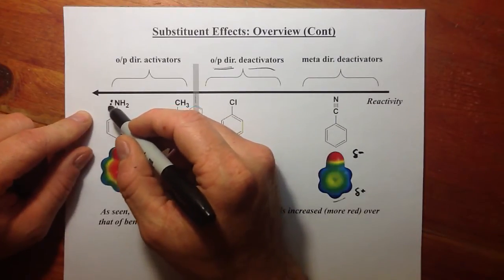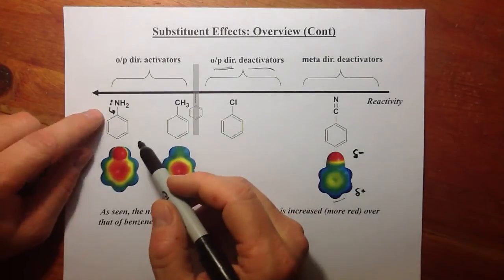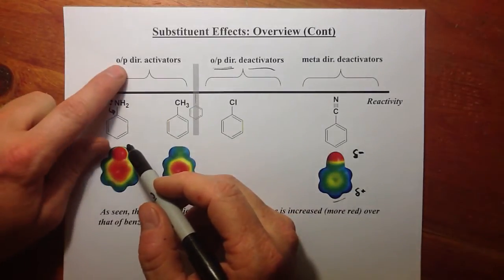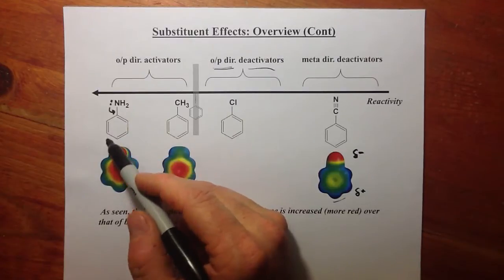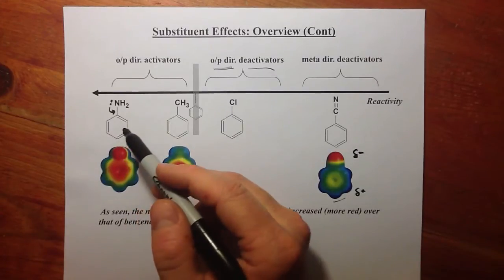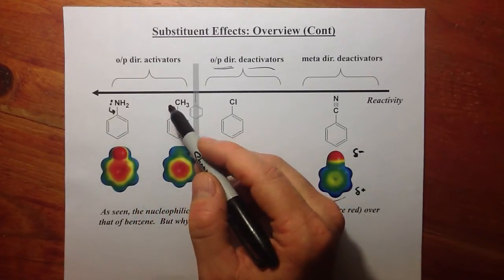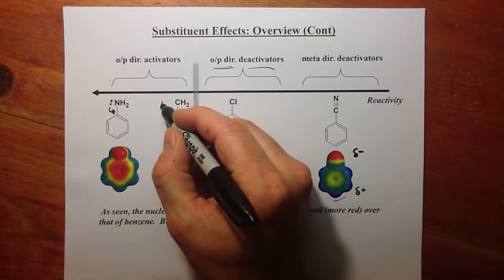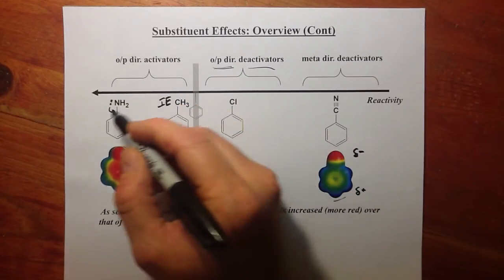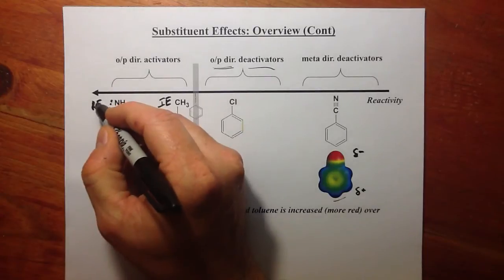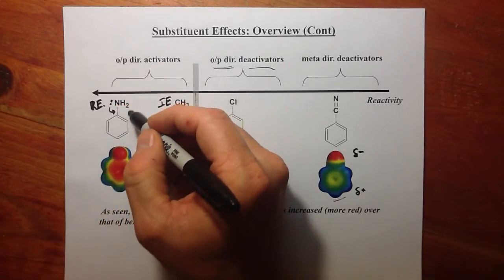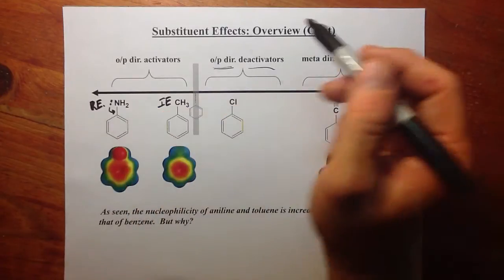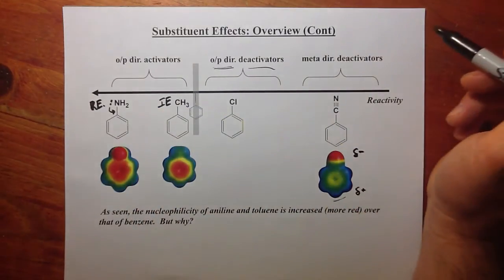We're going to see in just a little bit that the reason why this is such a strong activator is because it can give by resonance to the benzene ring. Alkyl group cannot do that. It gives a little bit by inductive effect, but this one's over here because it gives by resonance effect. It takes by inductive effect out, but it gives a lot more by resonance effect.